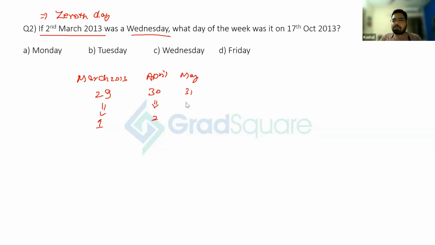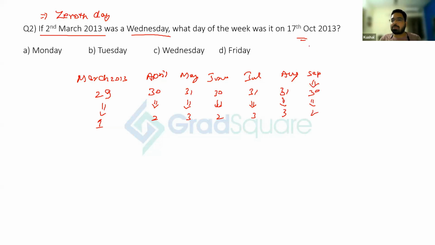May will be what? 31. Again, 3 odd days. June will be what? 30. 2 odd days. July will be what? 31. 3 odd days. Okay. August will again have 31. 3 odd days. September will again have 30 days and 2 odd days.